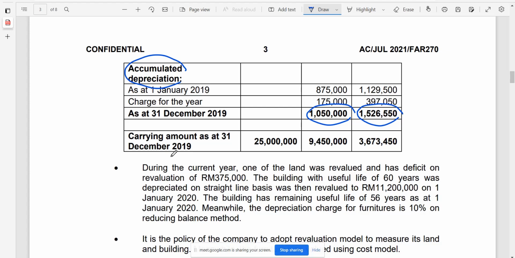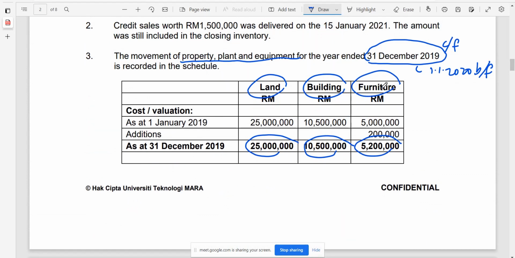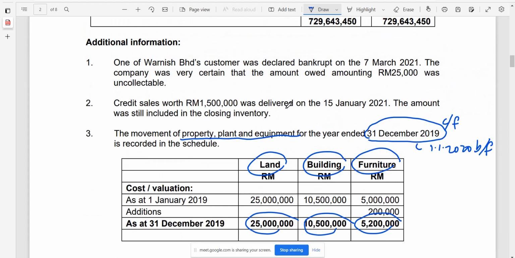For land and building, it is using the revaluation model. We shall read the question later, but I'm just telling you that land and building use the revaluation model. Furniture uses the cost model for the subsequent measurement.